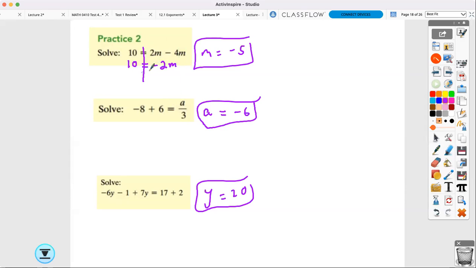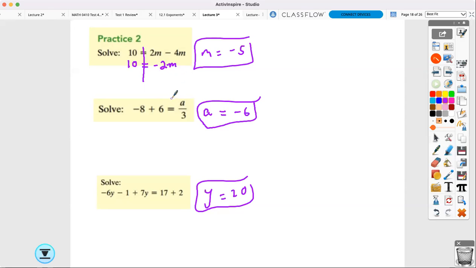So how do we move the -2, guys? Do I add it, subtract it, divide it, or multiply it? Add? Nope, that's not correct. Look at what's happening with the -2 and the m. When they're next to each other like this, they're being multiplied.